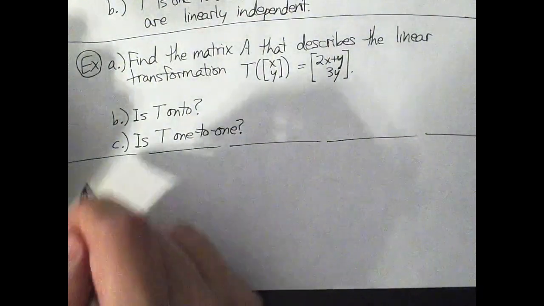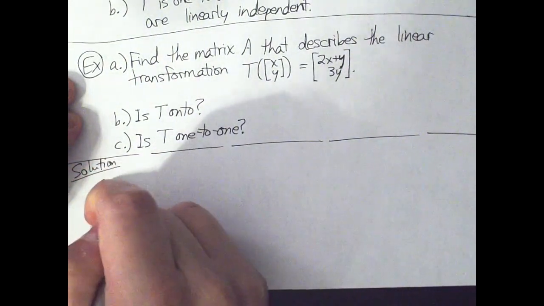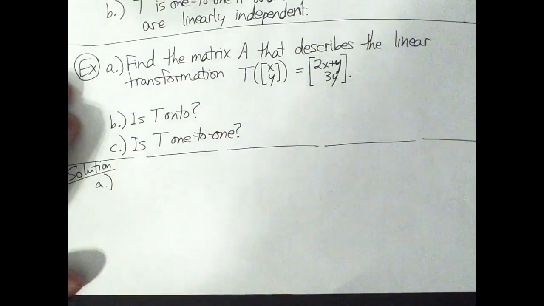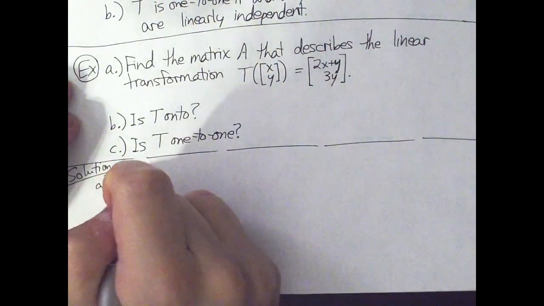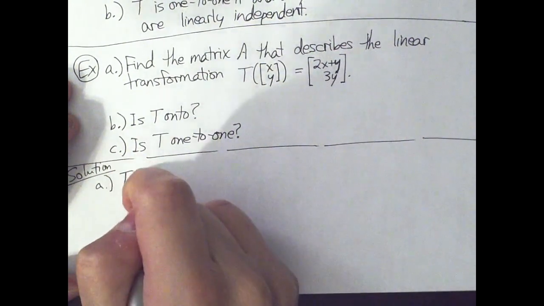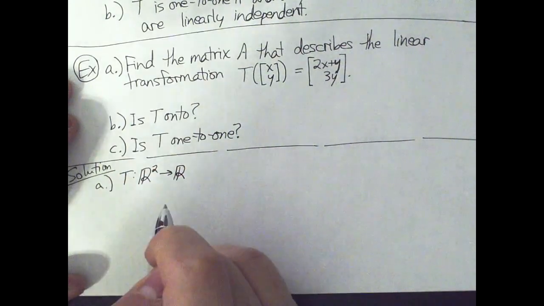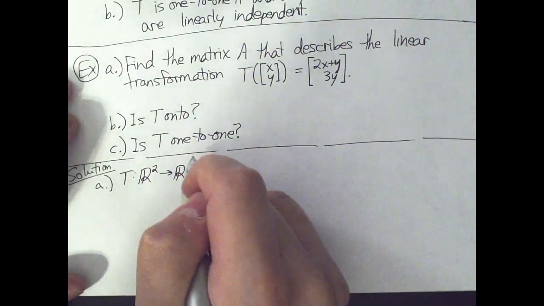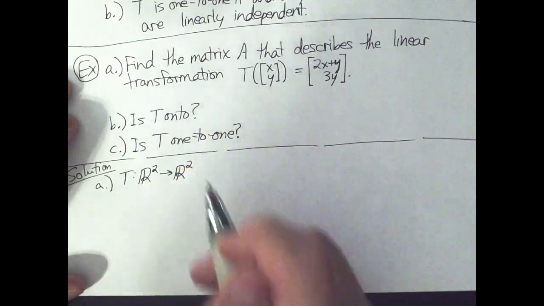All right, let's get started. So part A. Part A wants us to find the matrix. We did that sort of thing earlier today. So this transformation goes from R2 to R. Wait, that's not right. R2 to R2.